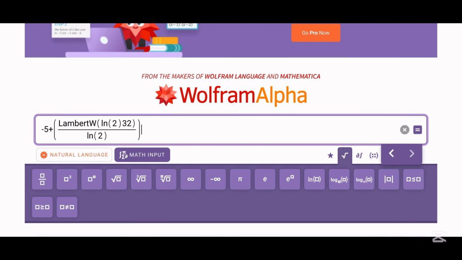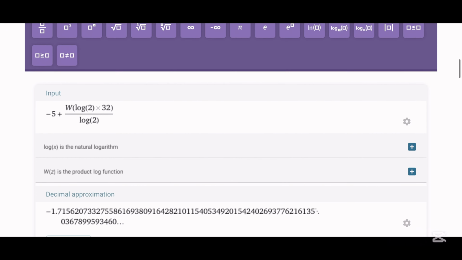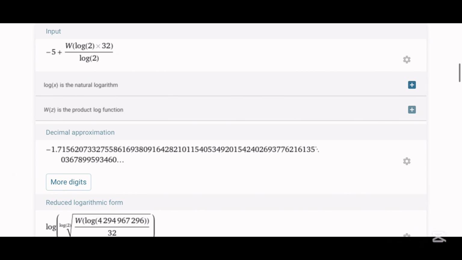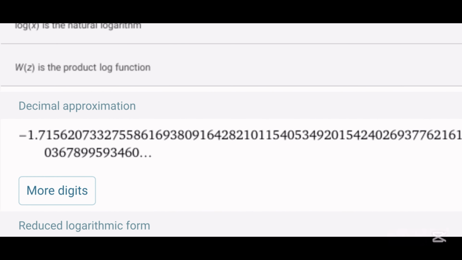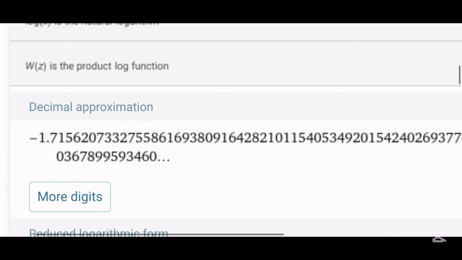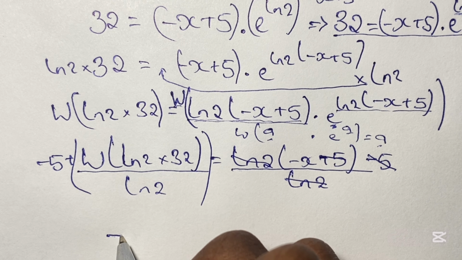So here we have that value in our calculator. Let us see what it outputs. So we can see here that this is approximately equal to negative 1.7156, and that's a lot of recurring decimals there. So we can just round this off to about 3 decimal places, so we can have negative 1.716.